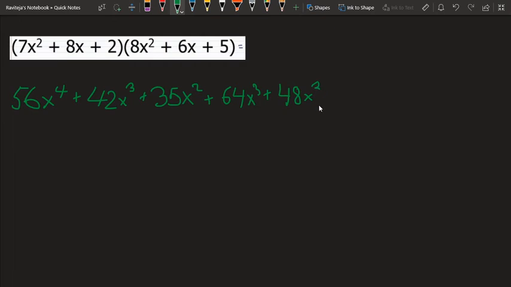And then we'd have 8x times 5, which is just plus 40x. Finally, we want to distribute the 2, which would result us with 2 times 8x squared, which is 16x squared. Then 2 times 6x, which is 12x. And then finally, 2 times 5, which is 10.